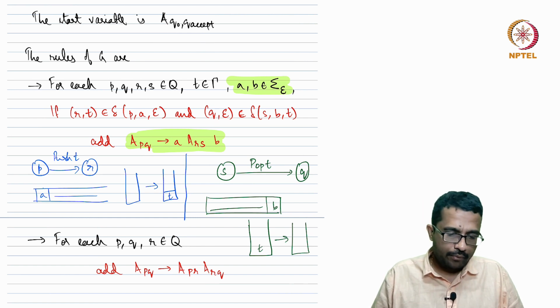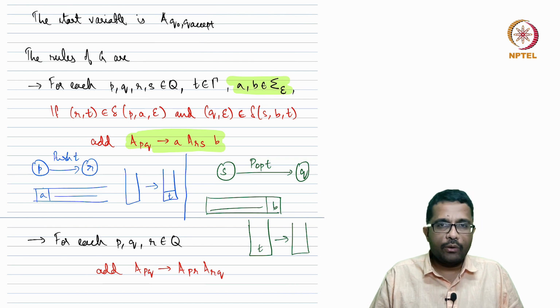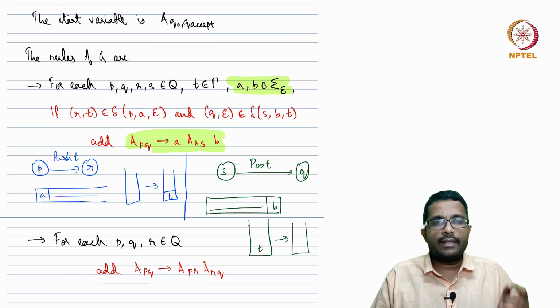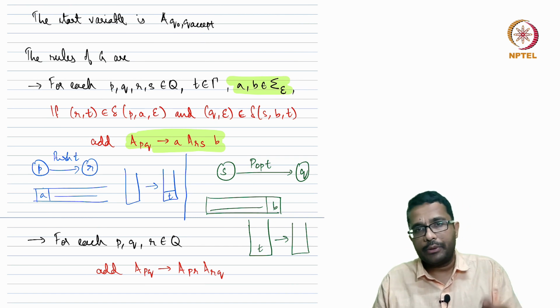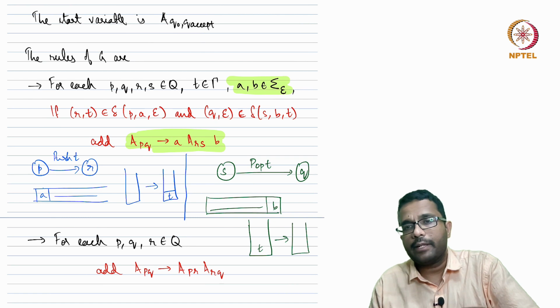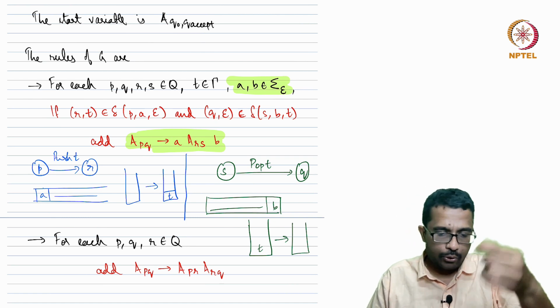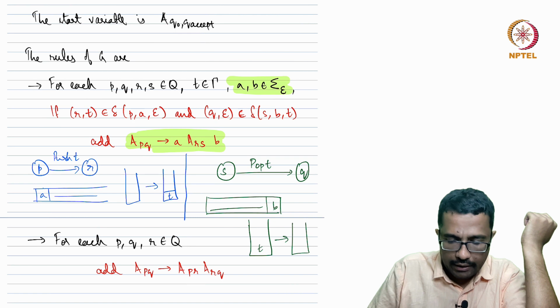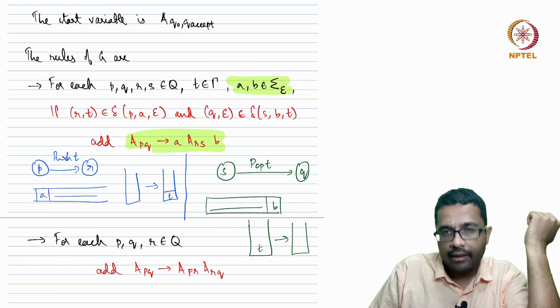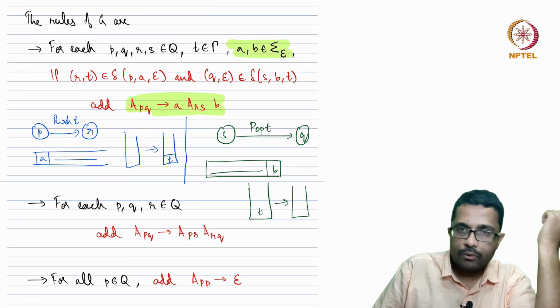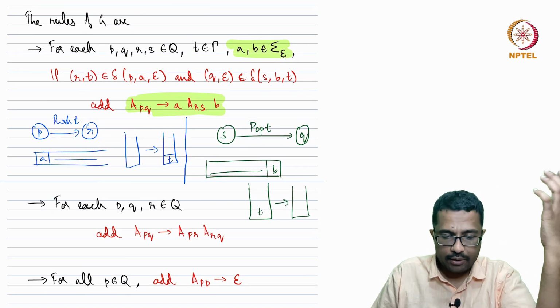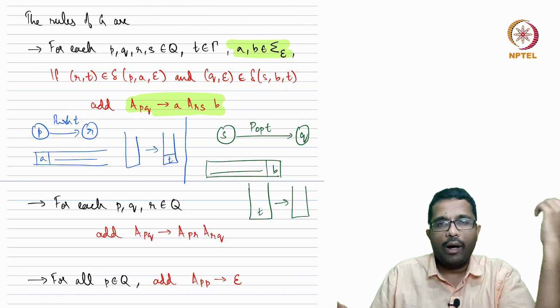Once again, if you are able to move from P to R by reading the symbol A from the input and pushing T into the stack, and you are able to move from S to Q by popping T from the stack and reading B from the input tape, then you add these rules of the type APQ gives small a ARS B. So that's the first set of rules, and that you have to do for all the possible quadruples PQRS.